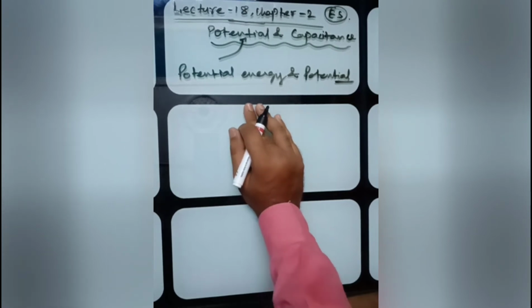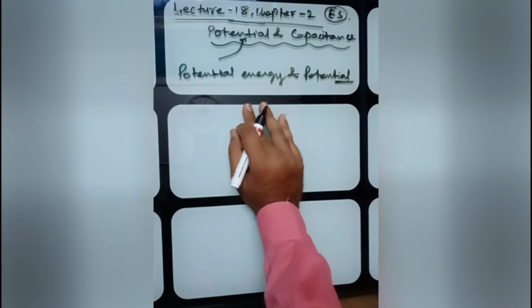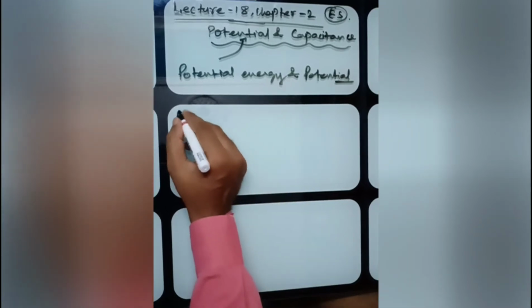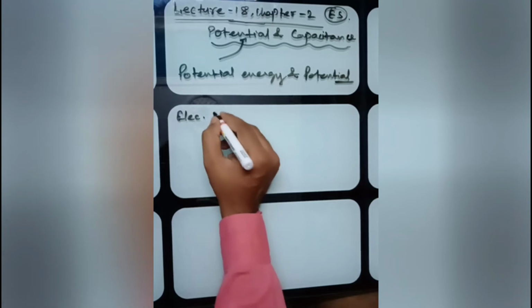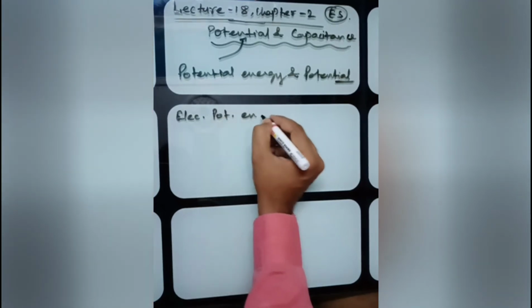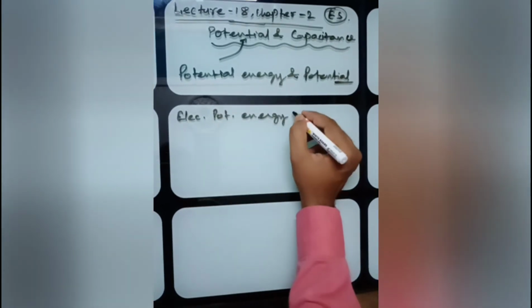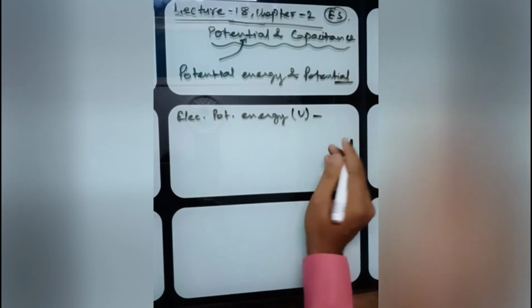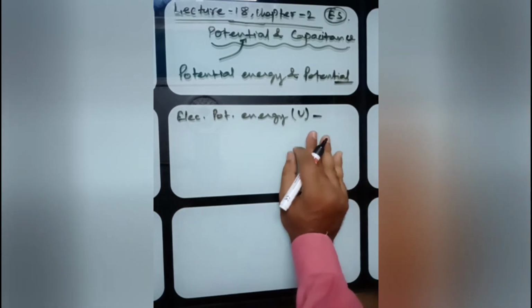Okay, my dear student. So the first you should write the definition of potential energy, that is the electric potential energy. Potential energy we will represent by U and then electric potential. Okay, and then we will move for the derivation and few interesting question, my dear student.